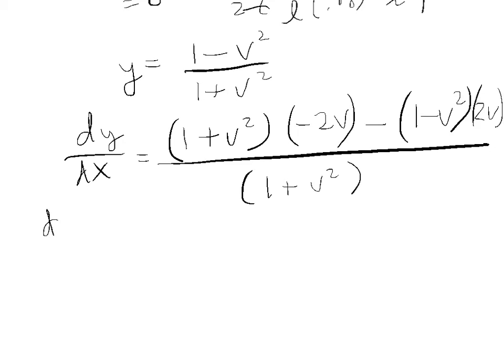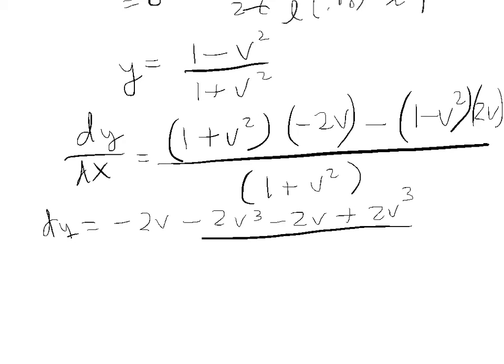And then to write it as a differential, it would equal, suppose we can multiply this through, negative 2v minus 2v cubed. Let's see, minus 2v plus 2v cubed all over 1 plus v squared, and then we put the d, oops, that should definitely say dv.